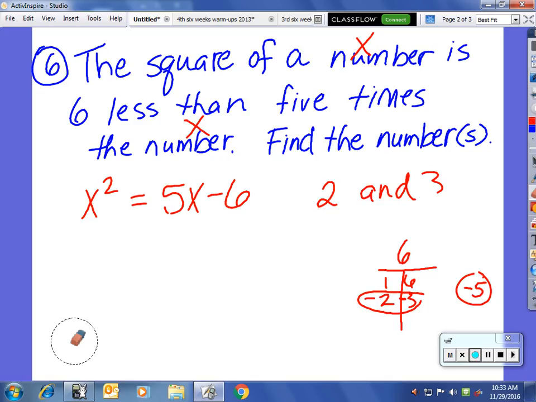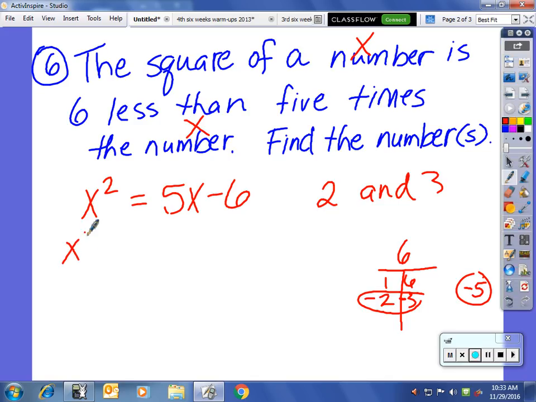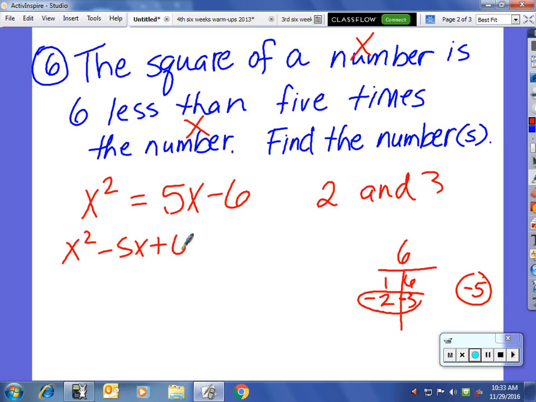Okay, once I put this in standard form, x squared minus 5x plus 6 equals 0. We're trying to get a product of 6 that adds up to negative 5. And it looks like 1 and 6 could work. They can make a negative 5. But to make a negative 5 out of 1 and 6, you got to have different signs. And if you have different signs, then you're not going to get a positive 6. So it can't be 1 and 6.